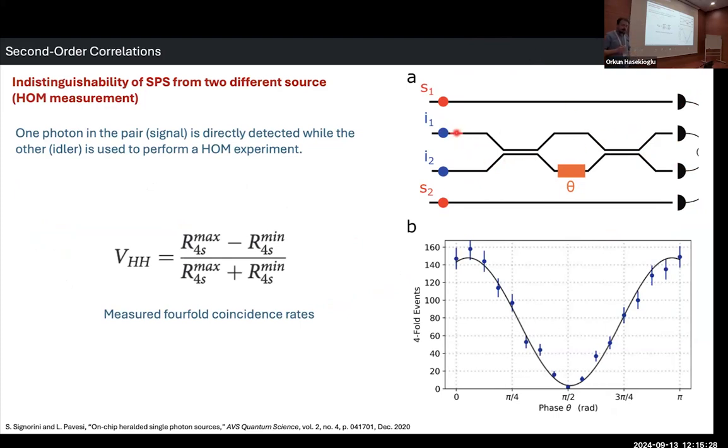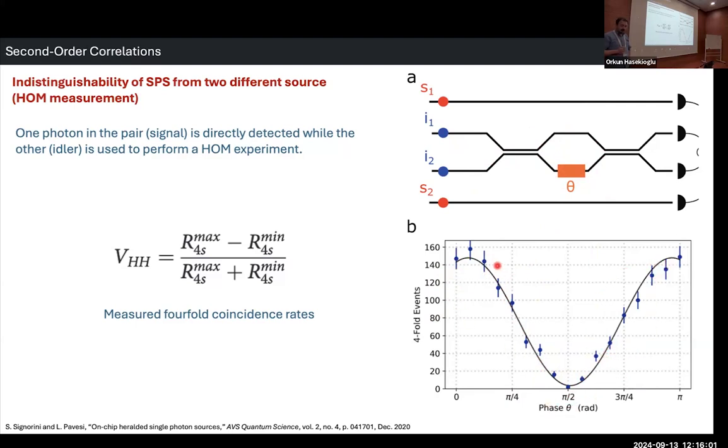Then you check the correlation from the idlers of these individual heralded single photon sources. This is just a beam splitter, and there is a phase shifter, where we change the phase in an integrated circuit, like I said, either polarization, thermal, or other methods. Or you can change the coupling coefficients, the directional coupling. It's possible. Then from the fourfold coincident events, you see this Hong-Ou-Mandel behavior, if you are lucky.